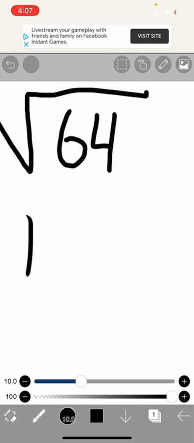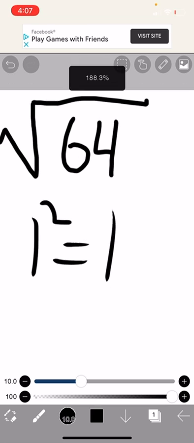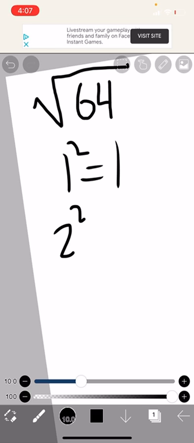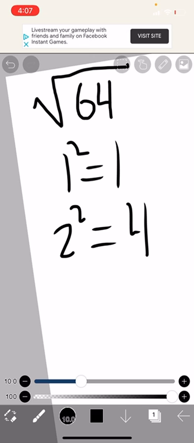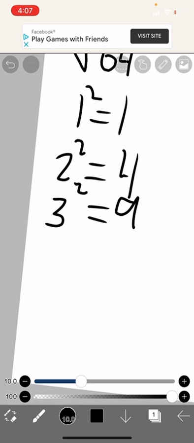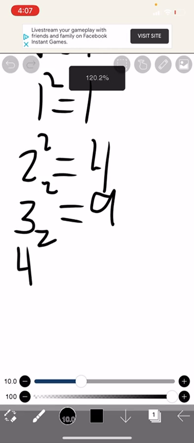So let's start off with 1 squared. That's 1, because 1 times 1 is 1. So that's not it. 2 squared, that's 4. 3 squared, that's 9. 4 squared, maybe this is it.